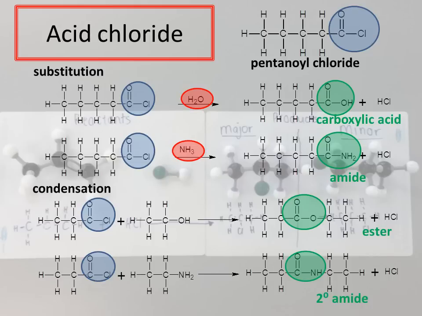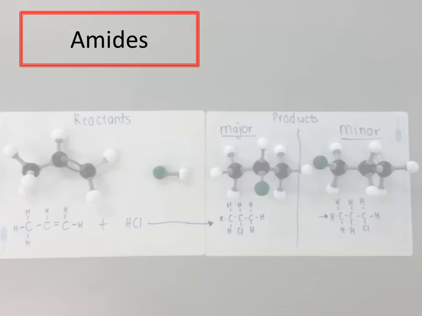If I was to have a carboxylic acid react with the amine, what would actually happen is, because the carboxylic acid is an acid, and the amine is a weak base, they carry out an acid-base reaction instead of this type of organic reaction where they produce a secondary amide. Okay, let's get on to the next slide.